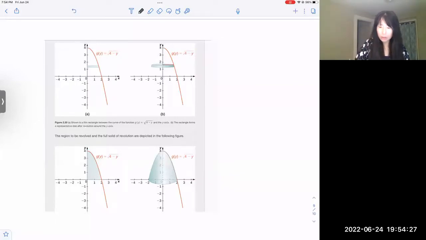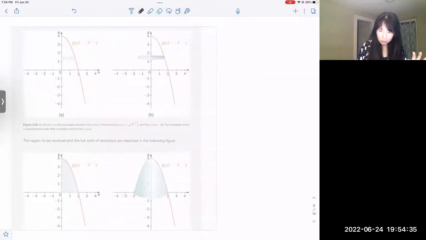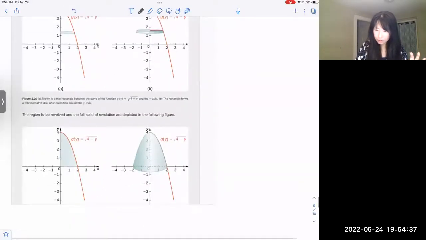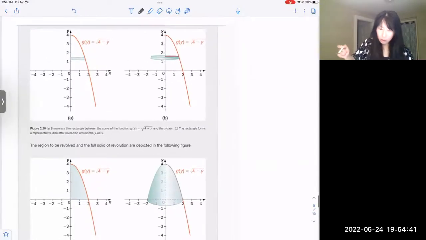So we have the thin rectangle there, and then it generates the shape. Okay, can you see that?